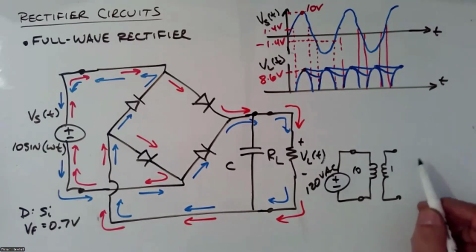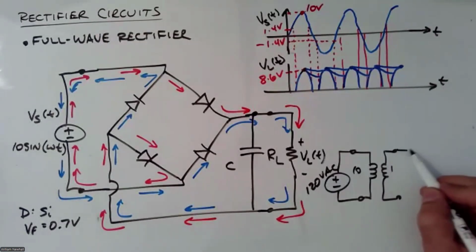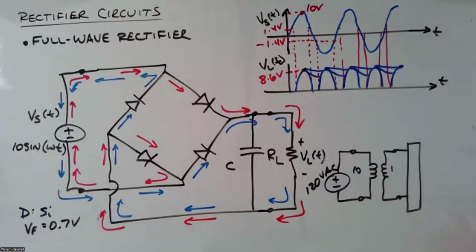You get a step down. And then you could put your rectifier here, and then you could have your DC load over here. So you can take your house power, AC power, step that down, have a rectifier, and then a DC load.